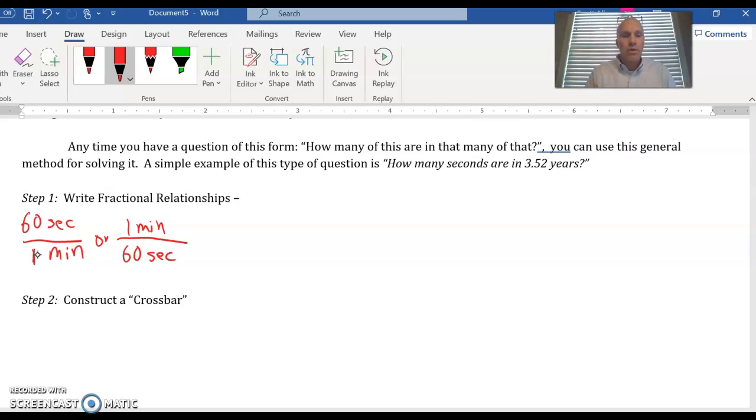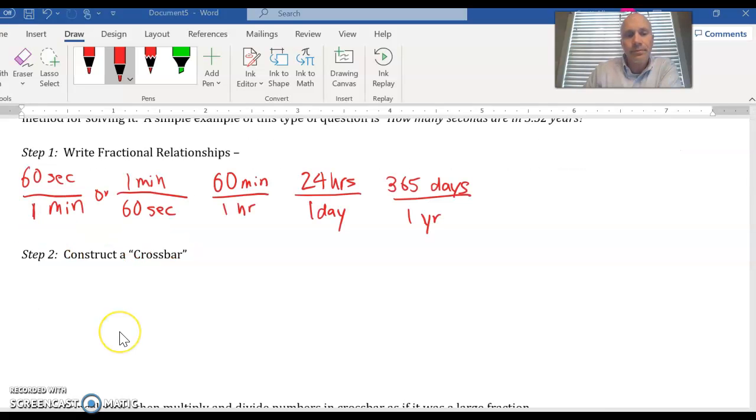I'm writing this first example like that, but in the next ones I'm just going to write one form of this relationship, and just realize that you could also flip this over and have it as the reciprocal. The other relationships that we're going to need here are to know that there are 60 minutes in 1 hour, that there are 24 hours in 1 day, and that there are 365 days in 1 year.